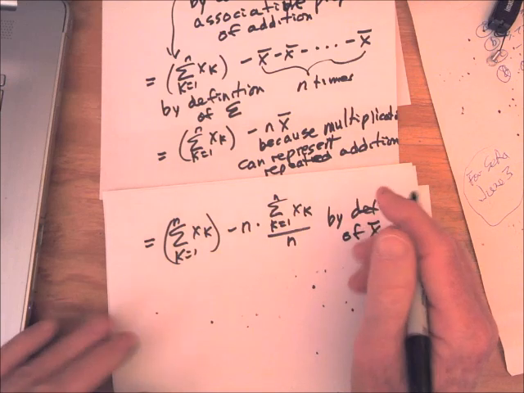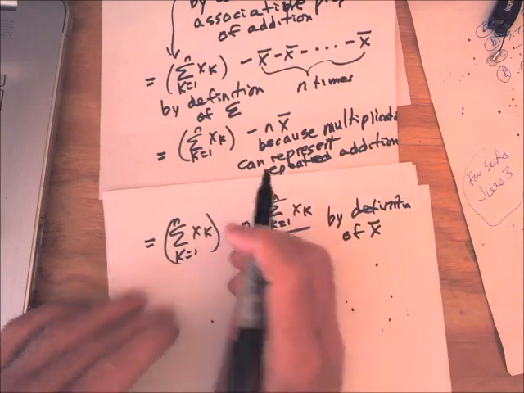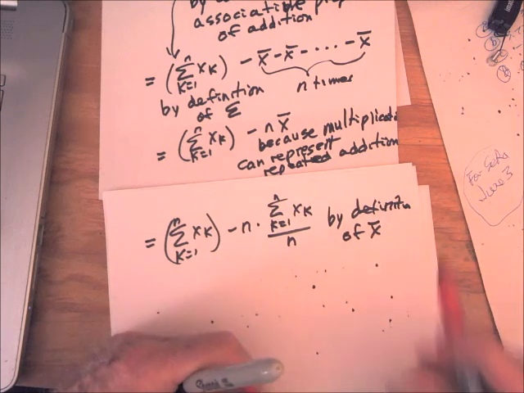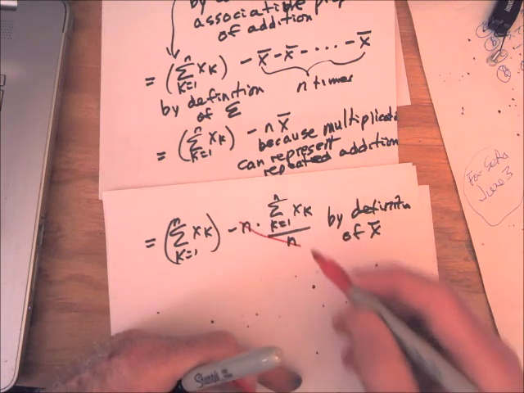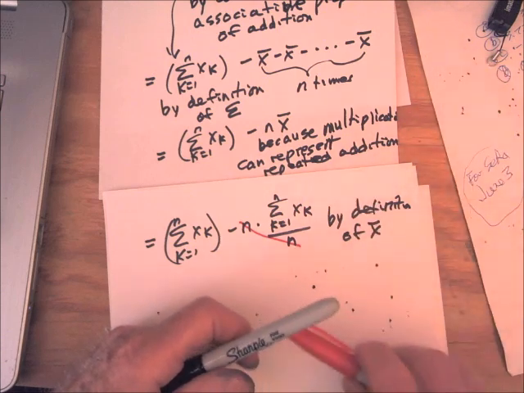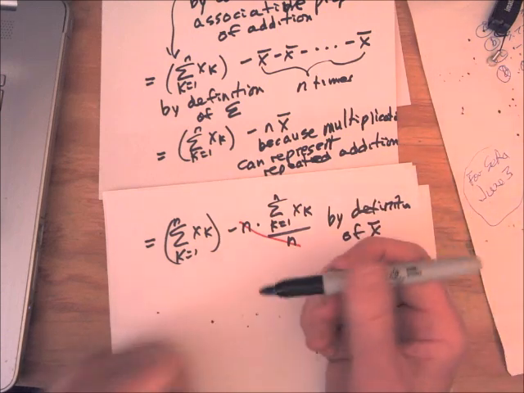Okay, and then we can cancel the n's. We have n on top and bottom. If you want, you can put the n over 1, and then cross-cancel the n's.